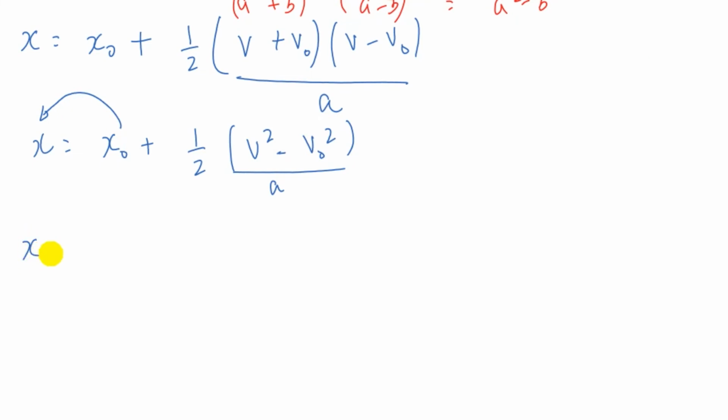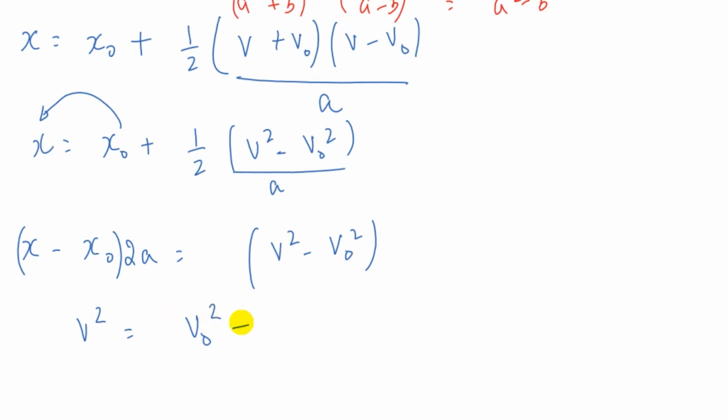So x minus x naught equals 1 over 2a multiplied with (v square minus v naught square). Now we can take this term to the left side, so this would become 2a here like this. Now from here we can write that v square equals v naught square plus 2a times (x minus x naught).